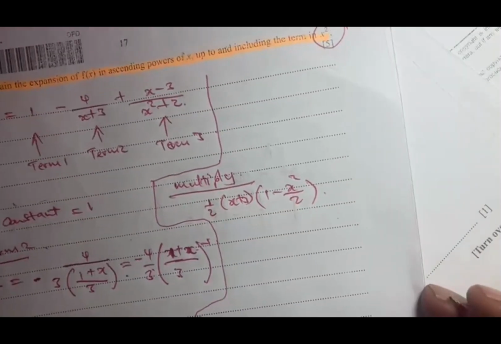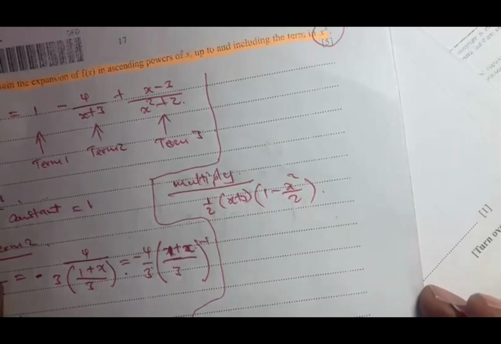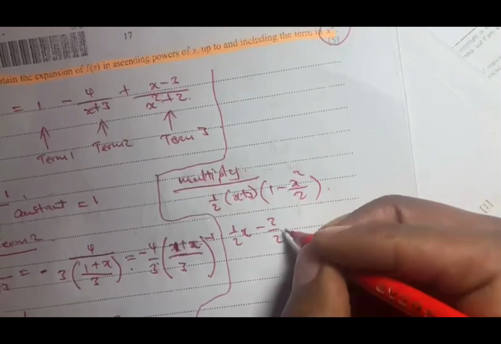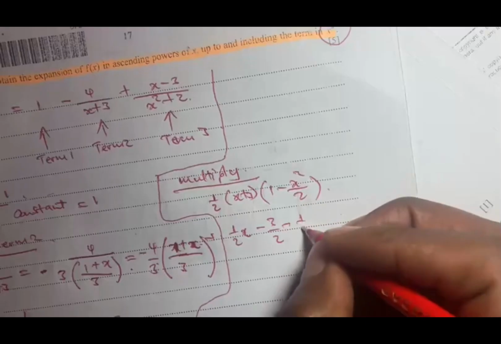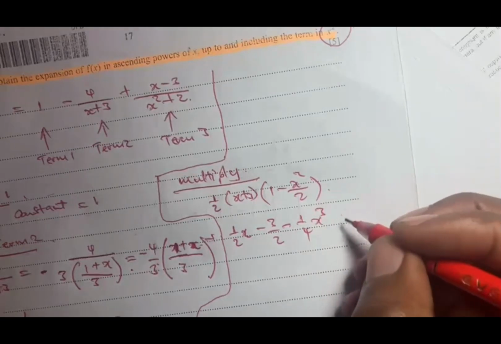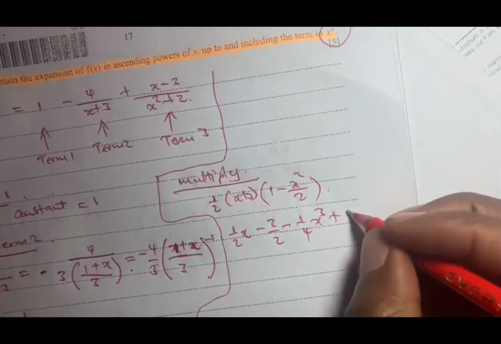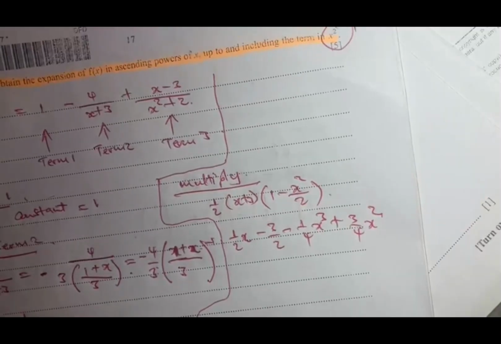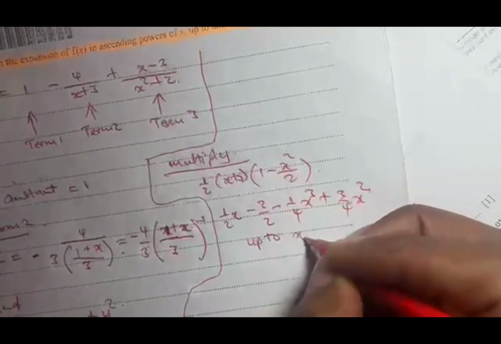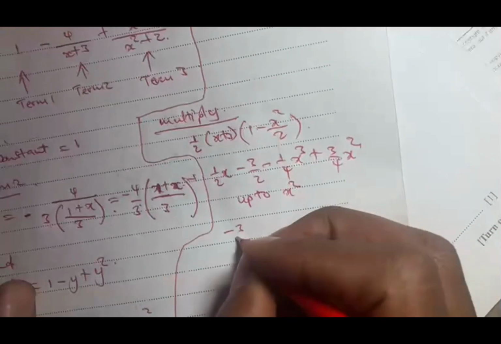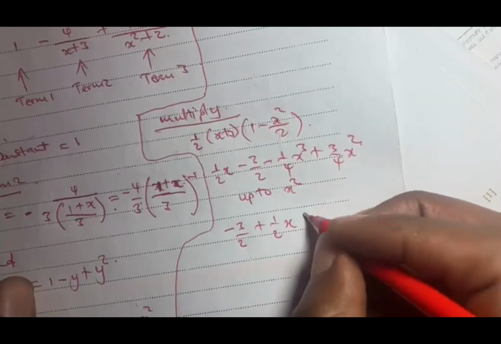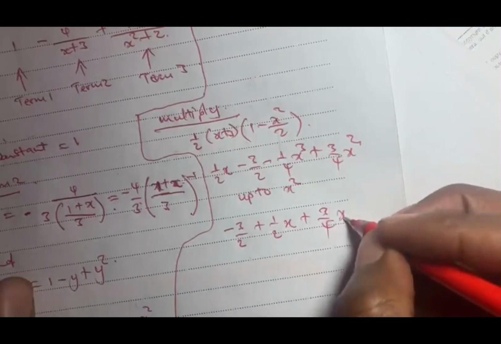If I multiply that, I get half x minus 3 over 2 minus a quarter of x cubed plus 3 over 4 x squared. Then, since I only need up to x squared, I have minus 3 over 2 plus half x plus 3 over 4 x squared.